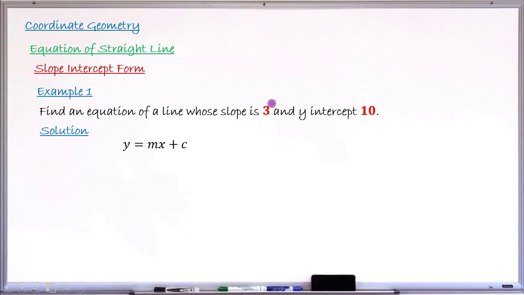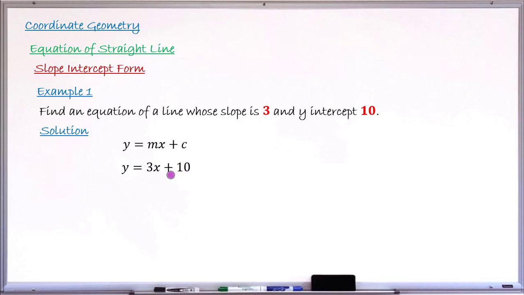In the question, the slope is 3, so you replace the letter m by the number 3. And the y-intercept is 10, so you replace the letter c by the number 10. There you now have the equation of the line: y equals 3x plus 10. So you replace m by 3 and c by 10, and that is the equation.